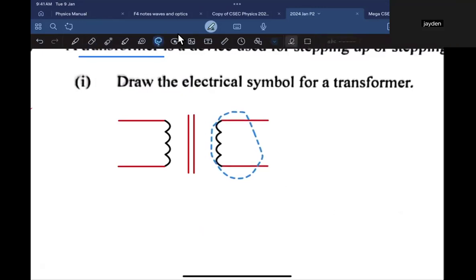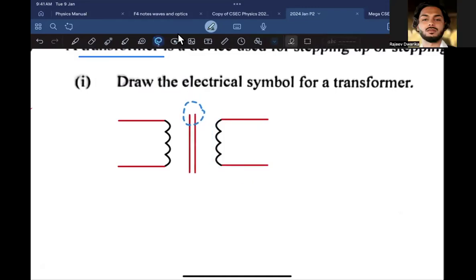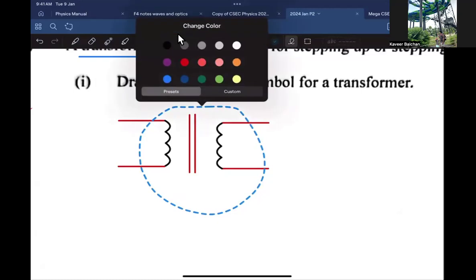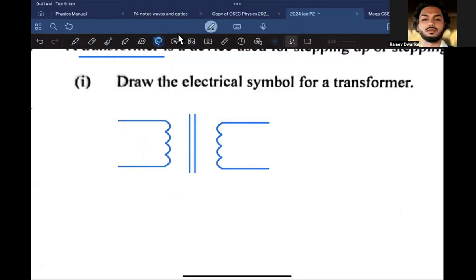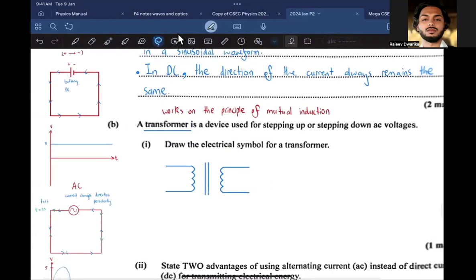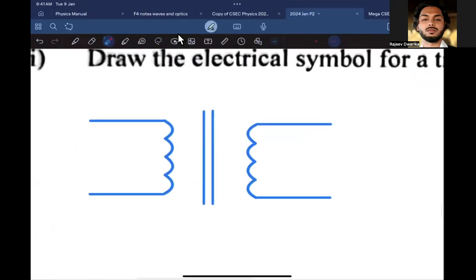If the direction of the current is changing, what would also change as a result? Direction of the magnetic field. Right, and so you would have a change in magnetic field, and that is how transformers work based on the principle of mutual induction.